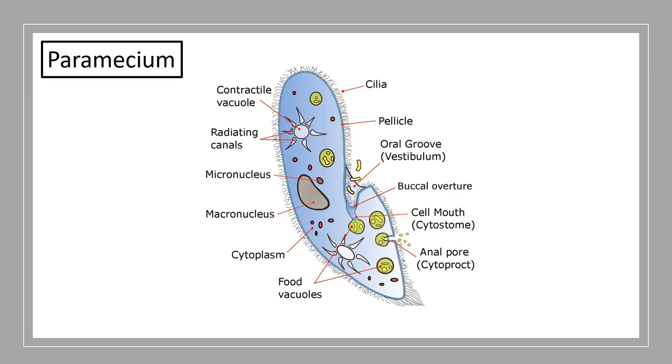What the cilia do is they push things down into that oral groove. If you follow it down, you can see what is called the cell mouth, or the cytostome, and that's where the food will actually enter. You can see these little pieces come down here, and the membrane pinches off, and you have these little vacuoles of food.